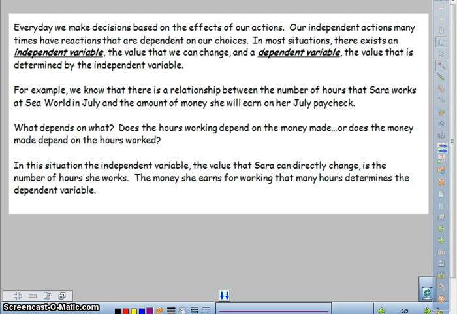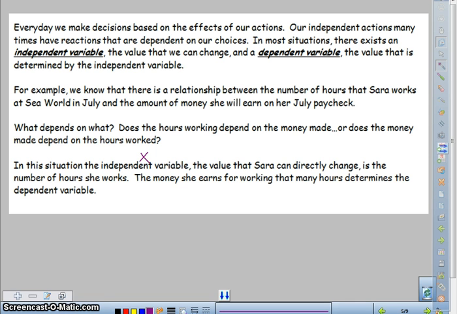So what depends on what? Does the hours working depend on the money made, or does money depend on hours worked? Well, in that case, the independent variable, the value that Sarah can directly change, is the number of hours she works. Independent, remember, that's your X value.